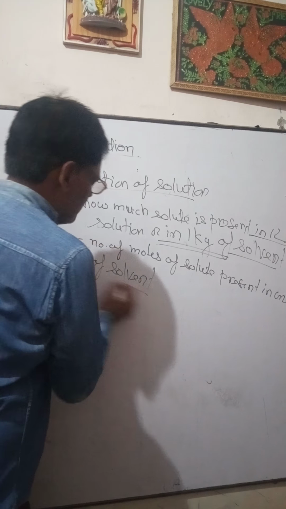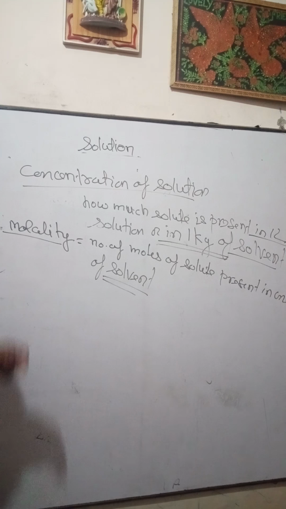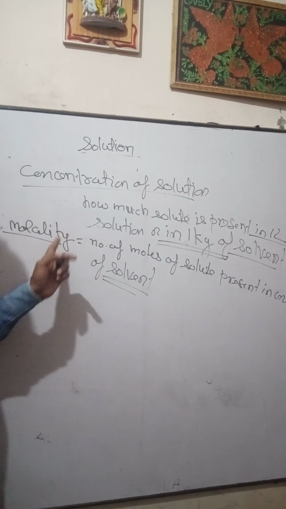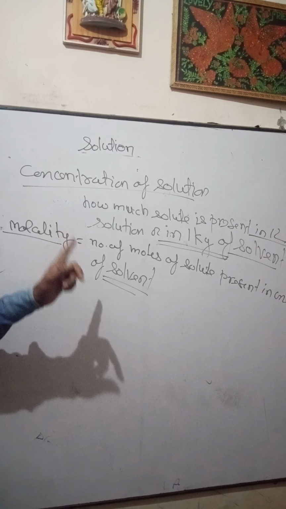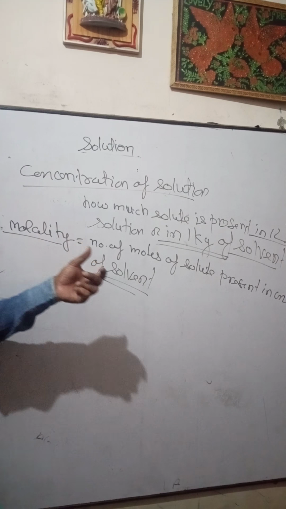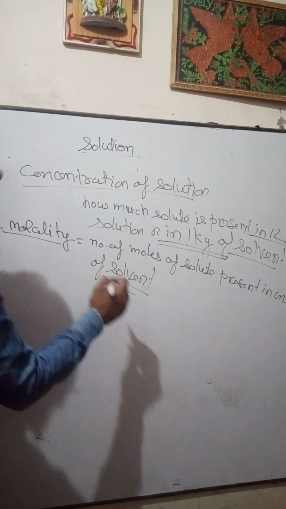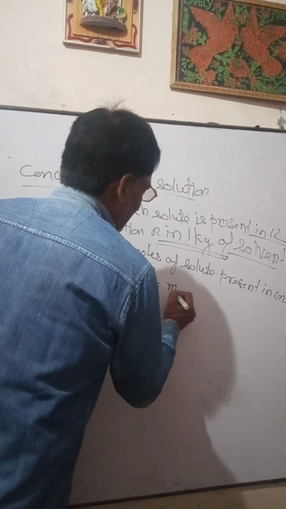Now try to see the difference between molarity and molality. In molarity, we consider the volume of solution, and in molality, we are considering 1 kg of solvent, not that of solution. Formulatively, this is represented by small m.